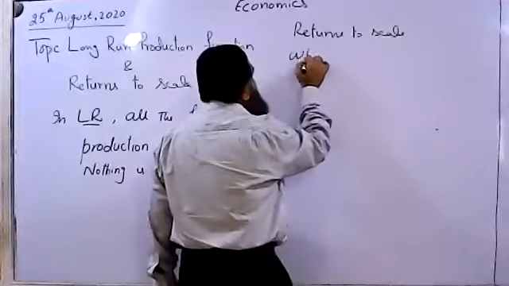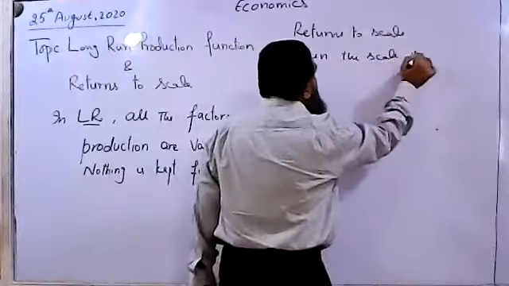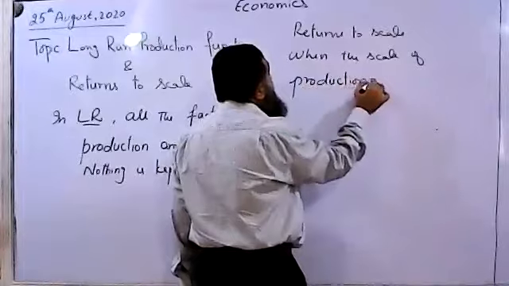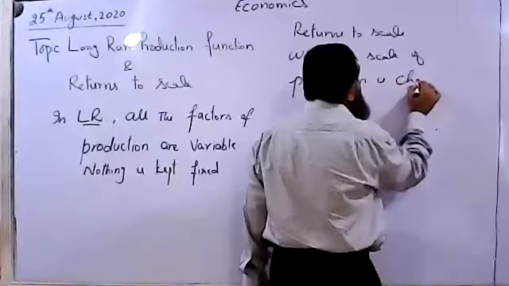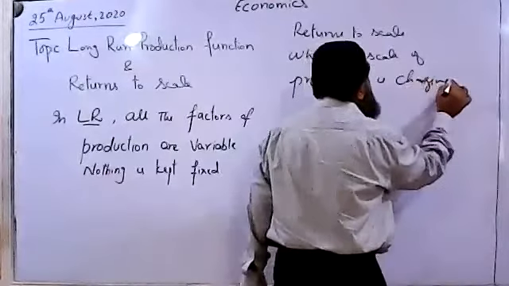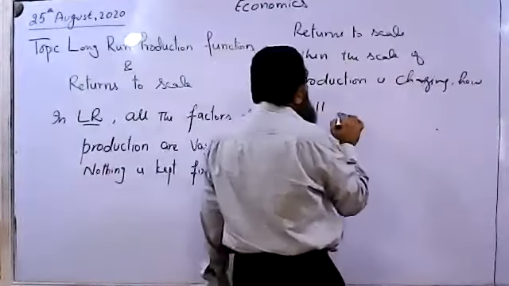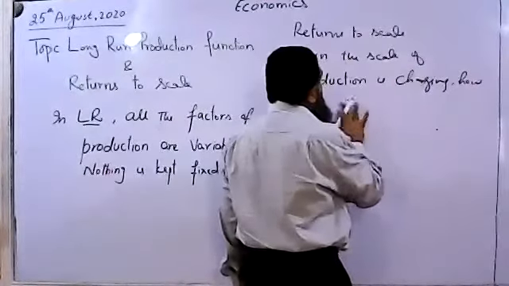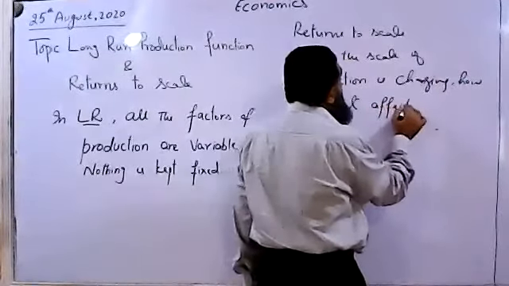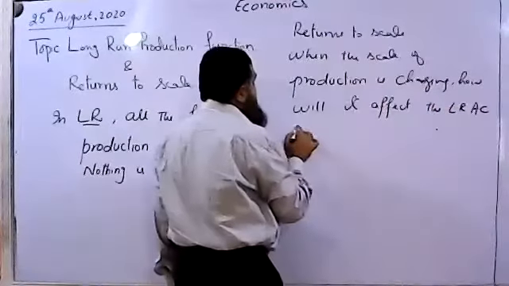When the scale of production is changing, how will it affect the long run average cost of production?